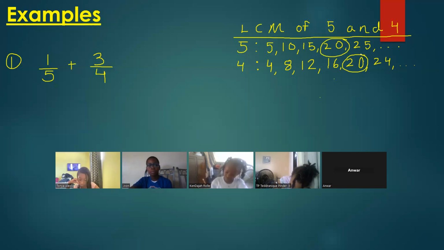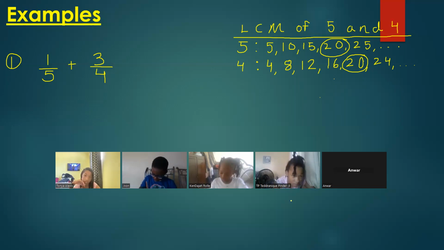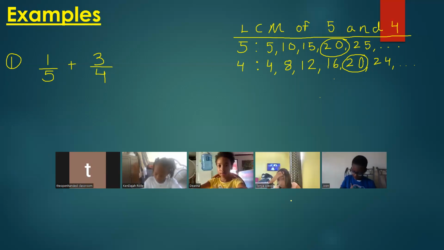Diana, what is the lowest common multiple of 4 and 5? 20. Very good. Candasia, what is the lowest common multiple of 4 and 5? 20. Very good. Excellent. Tejanique, what is the lowest common multiple of 4 and 5? 20.